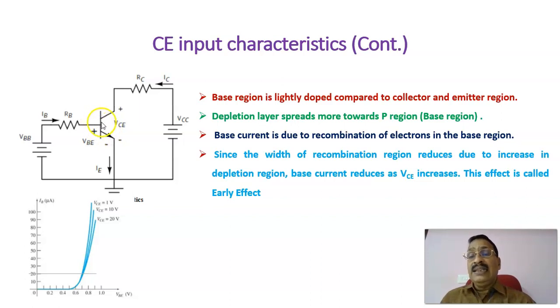The remaining 98 percent of the electrons coming from the emitter go towards the collector region, causing the collector current. Therefore, the base current is because of the recombination of these electrons inside the base region.